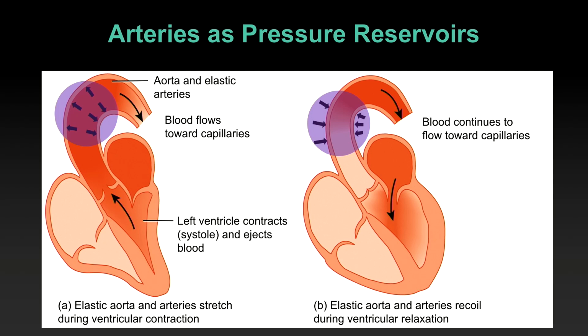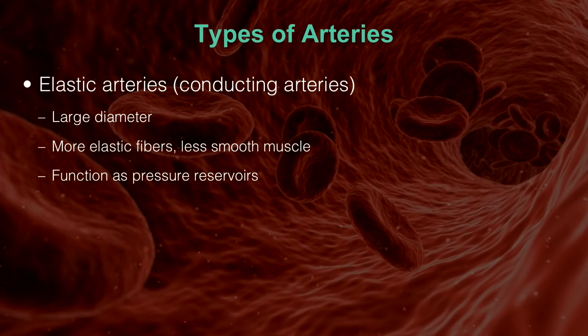So it's the aorta and arteries that generally are responsible for this recoiling and this rebounding response to conduct blood further into the arterial system. And we would call those elastic arteries. They are larger, more elastic. They still have some musculature, but it's not the defining feature of these larger arteries.